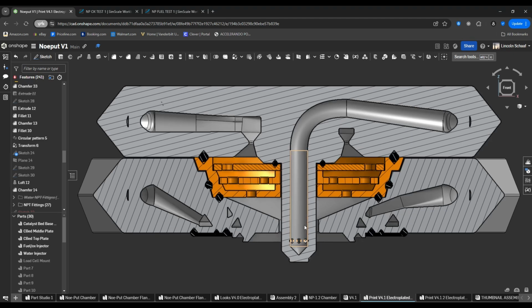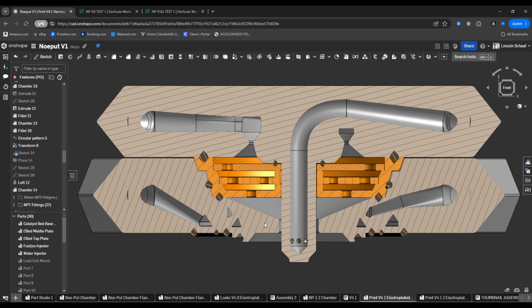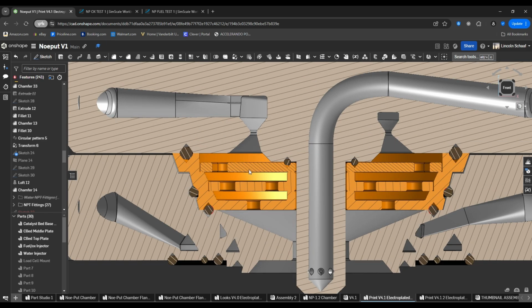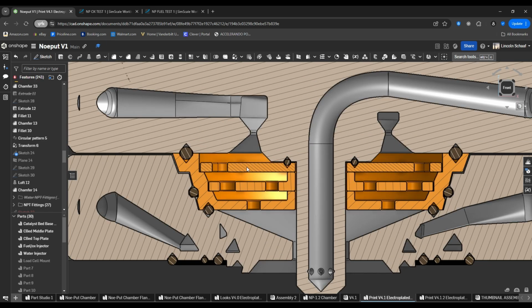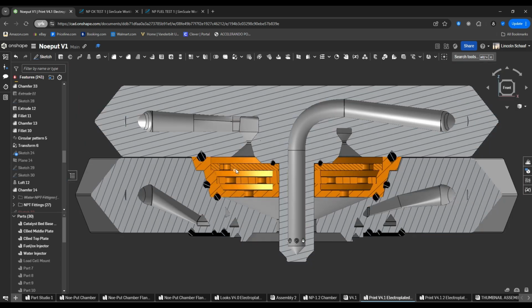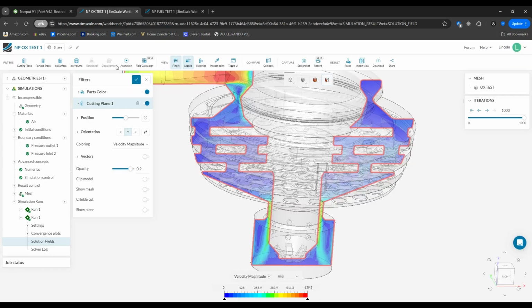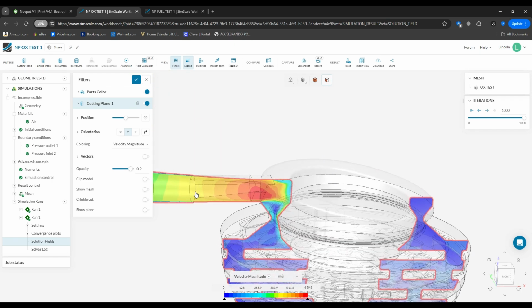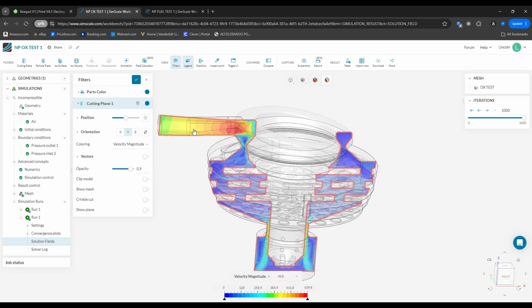So as far as simulations, we took what's called the negative of this part, which is all of the space that the injector does not occupy. So all of the space that the gases would occupy. First we took a look at the oxidizer, as you can see here, put it into a program called SimScale, and ran it through a gas simulation.